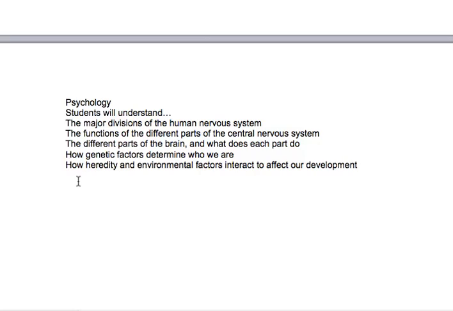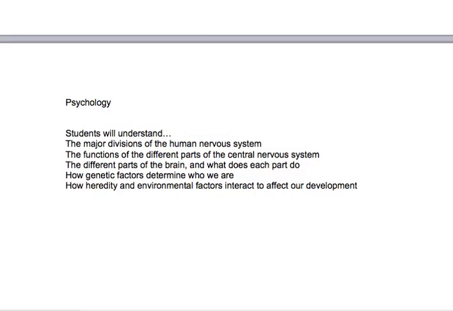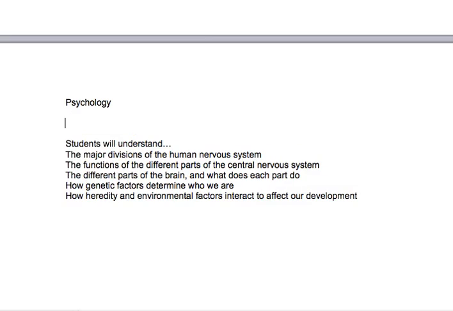How hereditary and environmental factors interact to affect our development? These are huge things. Do students have any prior understanding of these things?